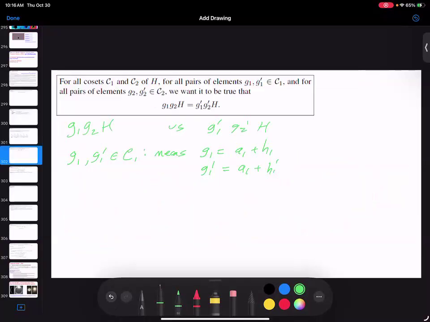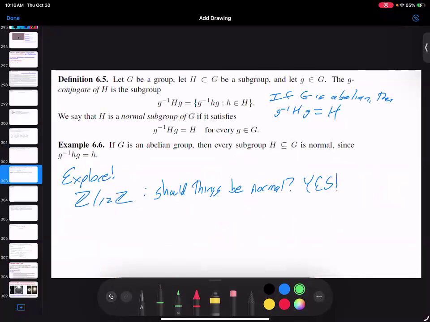So let's go back to the definition of a normal subgroup. Normal subgroup says g inverse H g equals H. So what does this mean?